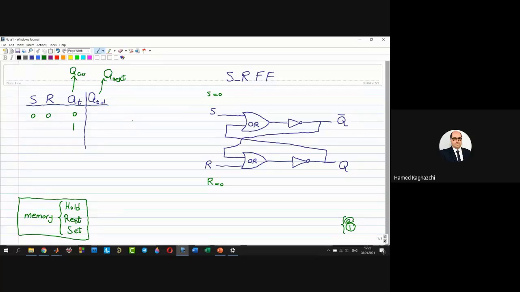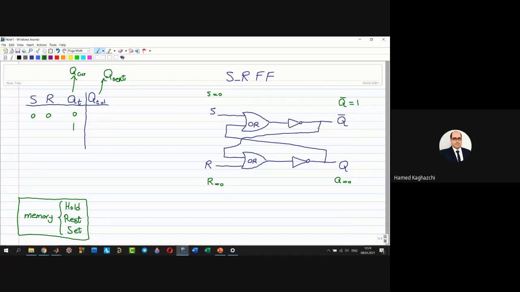Now, let's look at here. First of all, I suppose that Q is 0. If Q is 0, what will be the Q prime? Say 1. 1.